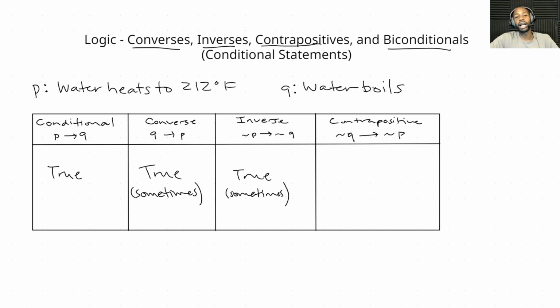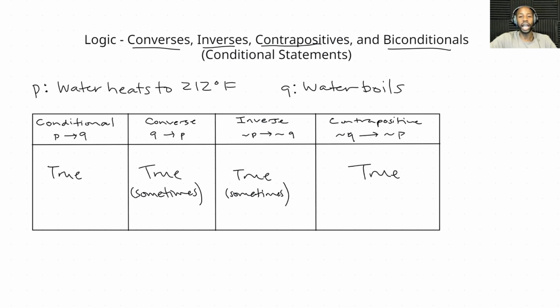Then finally, you have the contrapositive. If water does not boil, then water does not heat to 212 degrees Fahrenheit. And so this actually ends up being true. Let's think about why.